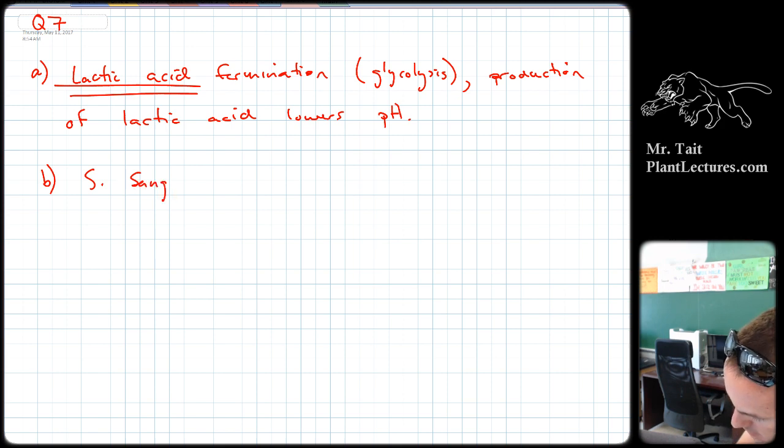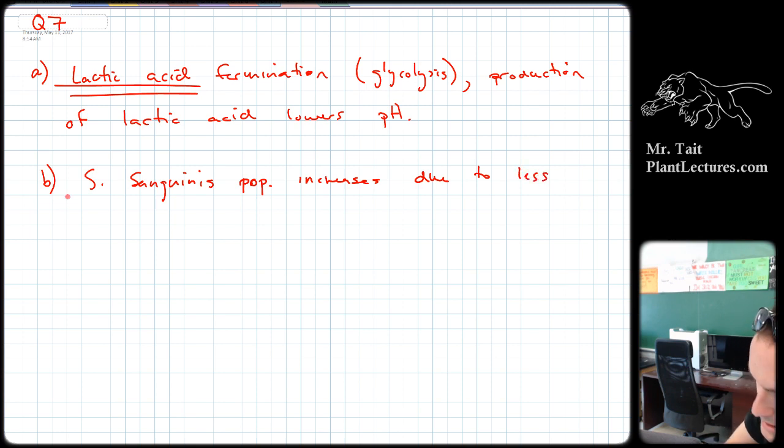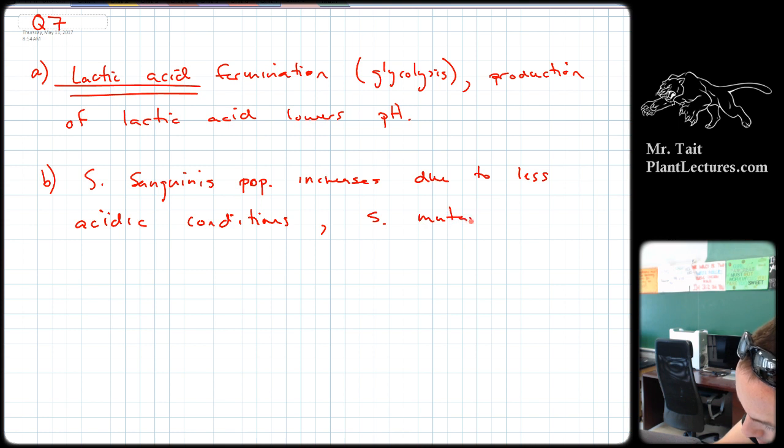What is it? S-A-N-G-U-I-N-I-S. Population increases due to less acidic conditions. S. mutans decreases due to lack of competitive advantage, something like that.